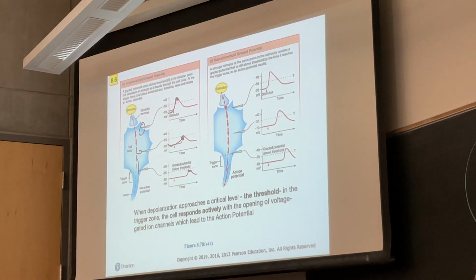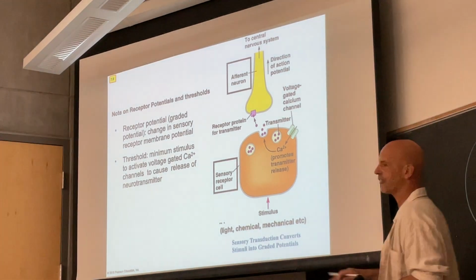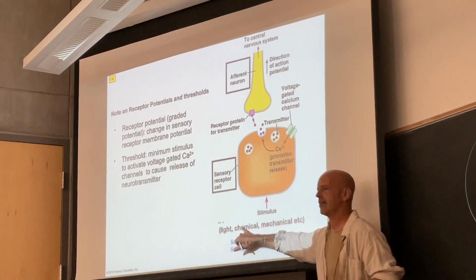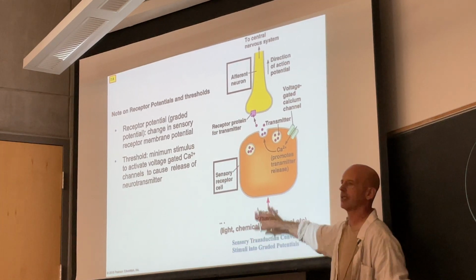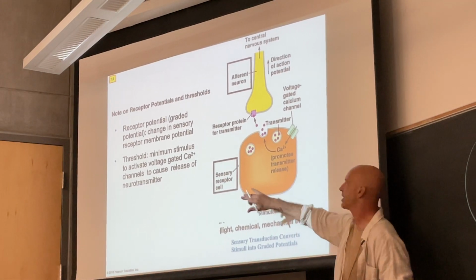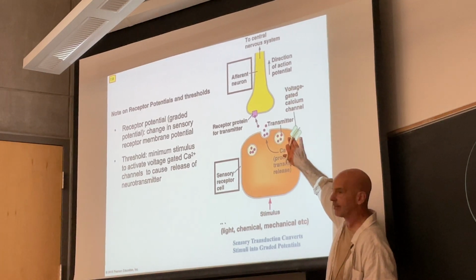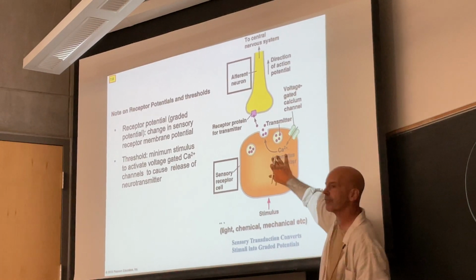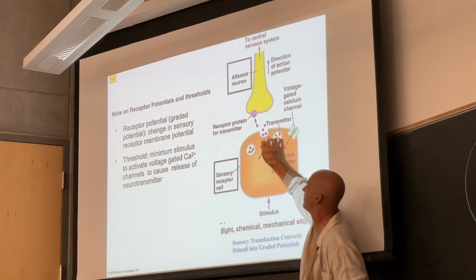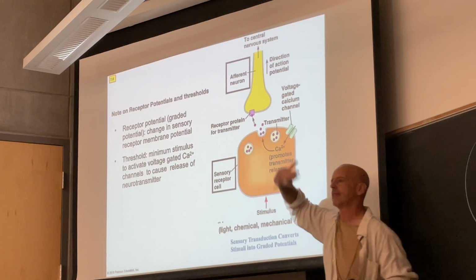But first, I know you're excited to move on, but we're going to go backwards. Remember, we talked about signal transduction in a receptor: a light, chemical, or mechanical stimulus, like touching a receptor, opened up ion channels. In that case, if it was strong enough, it reached the threshold, calcium channels opened up, and calcium flowed in. That causes the neurotransmitter-filled vesicles to fuse with the membrane and be released.